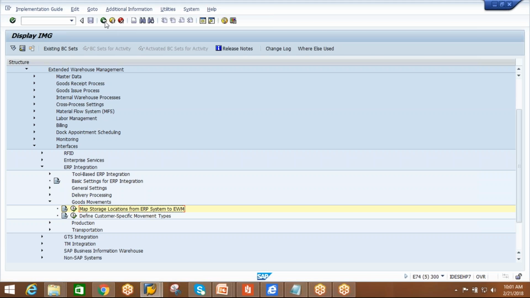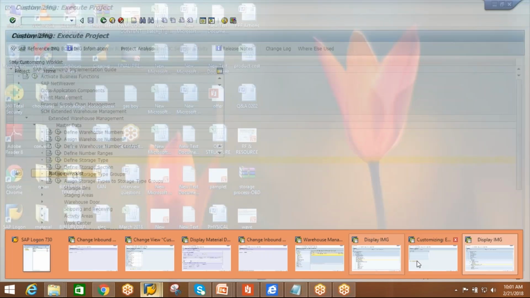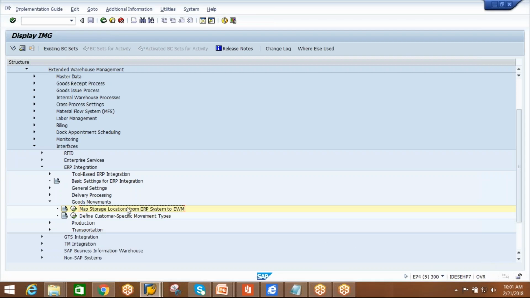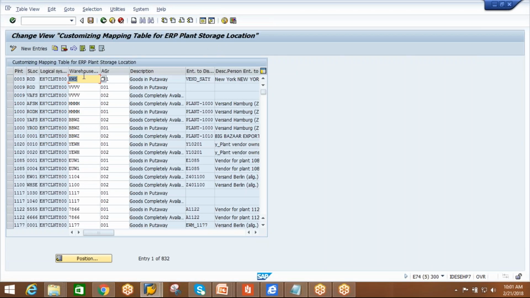Now, sir, one more question. If I have multiple plants and multiple storage locations, let's say 1,000 plants and each plant having 20 storage locations, how to deal with this type of situation, sir? Do you want to maintain one, right? Yes. We need to add the combinations to the existing ones and proceed.